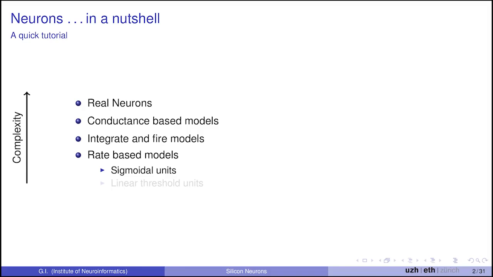Or if you want to simplify even more, you could use a linear threshold unit. I remember we talked about ReLUs last time. Linear threshold units are essentially model neurons that take the input and produce an output that is linearly proportional to the input if the total sum of the input is positive or above some threshold, and otherwise it's zero.